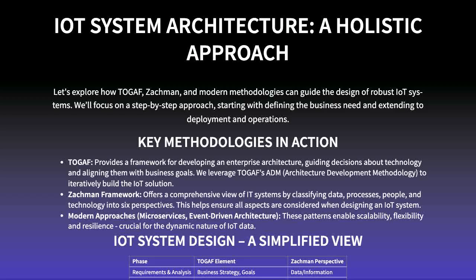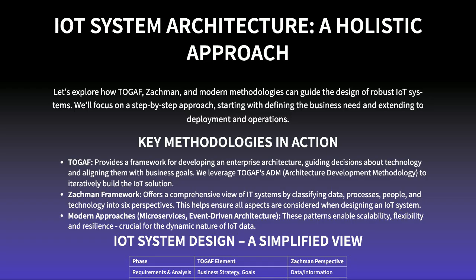Okay, let's dive into designing IoT systems. We're going to use a combination of frameworks, TOGAF, Zachman, and some modern architectural patterns, to build something truly effective. Think about it like this: TOGAF gives us a roadmap for the whole enterprise architecture, ensuring everything aligns with business objectives.